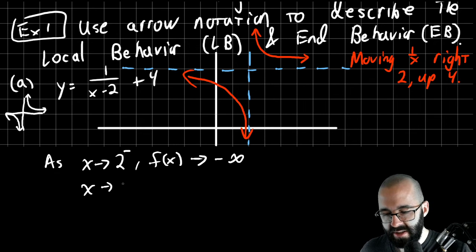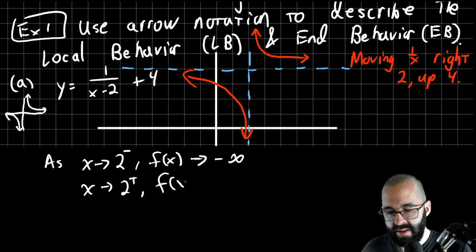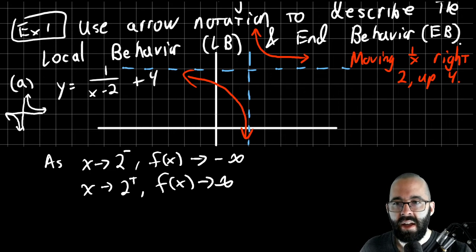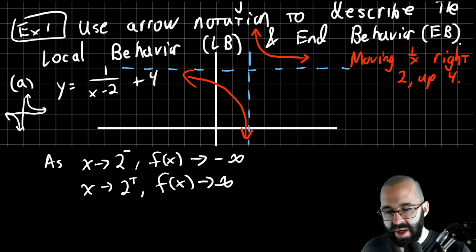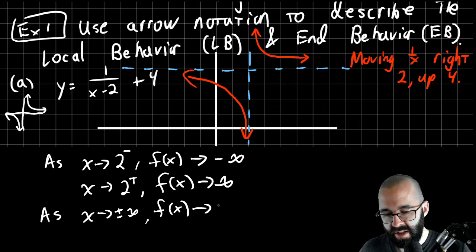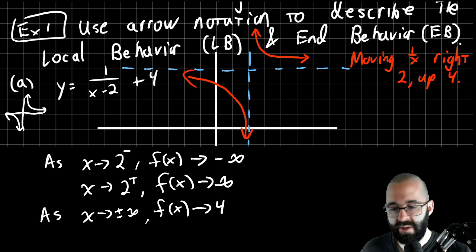Similarly, approaching from the right, the function goes to positive infinity. That's our local behavior. End behavior: as we go to the left, we're approaching a y value of 4. As we go to the right, we're approaching a y value of 4. So as x goes to either positive or negative infinity, this function is approaching positive 4.